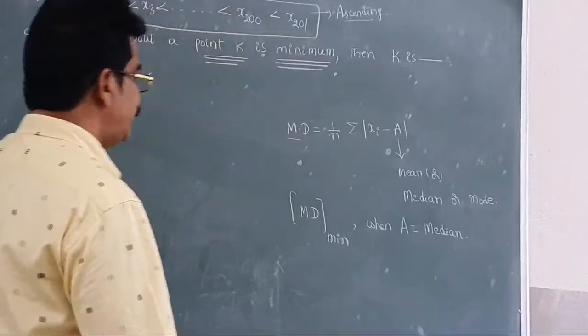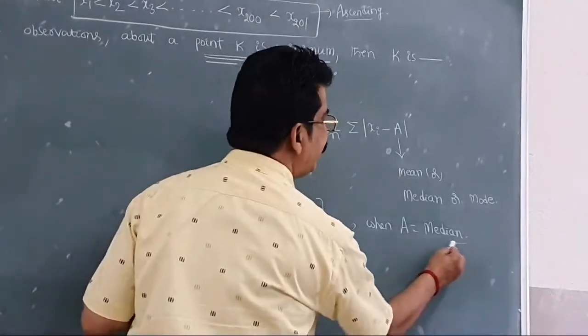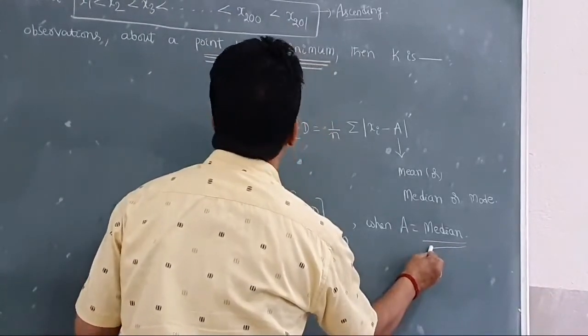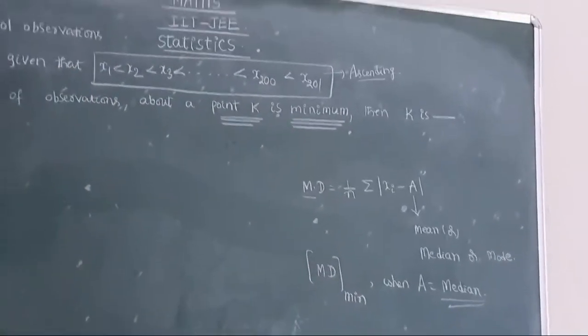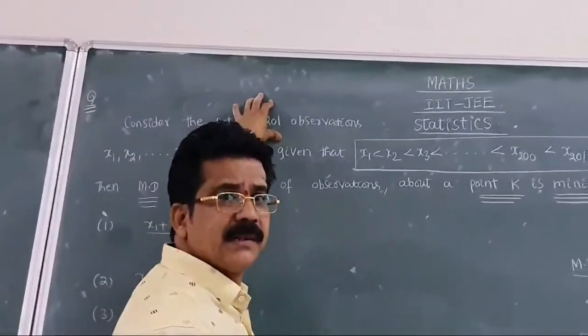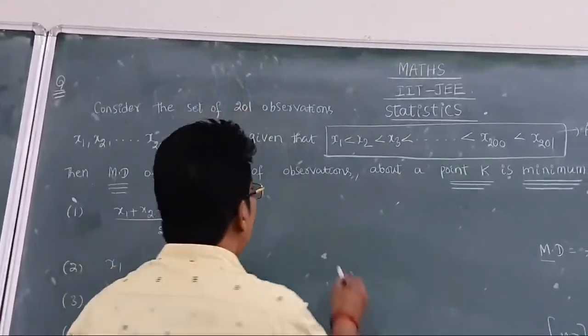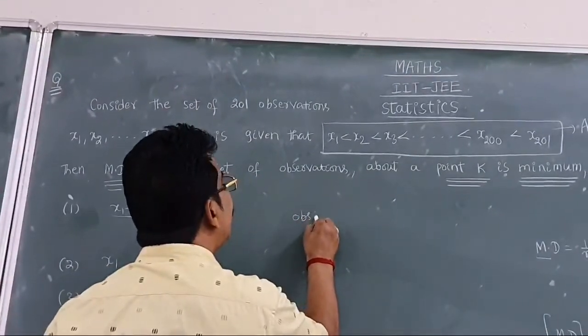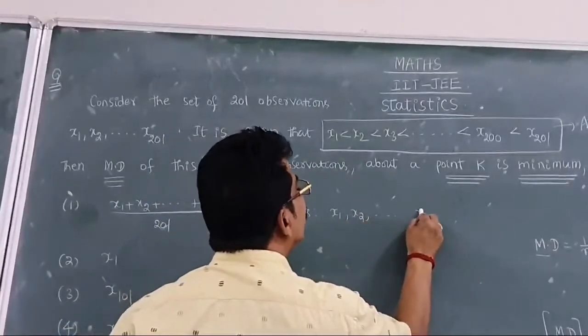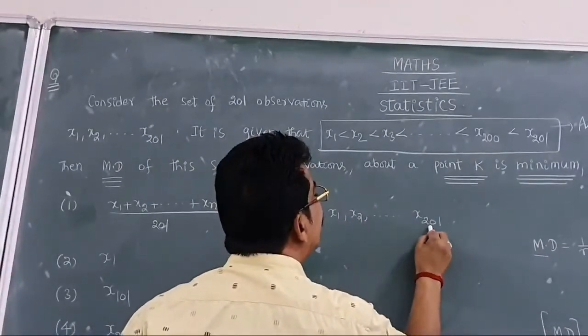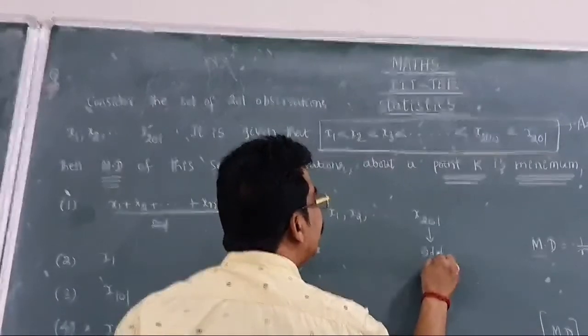Understand? Right. So it is enough to find the median of this data. The data has 201 observations, x1, x2 and so on to x201. This is an odd number.